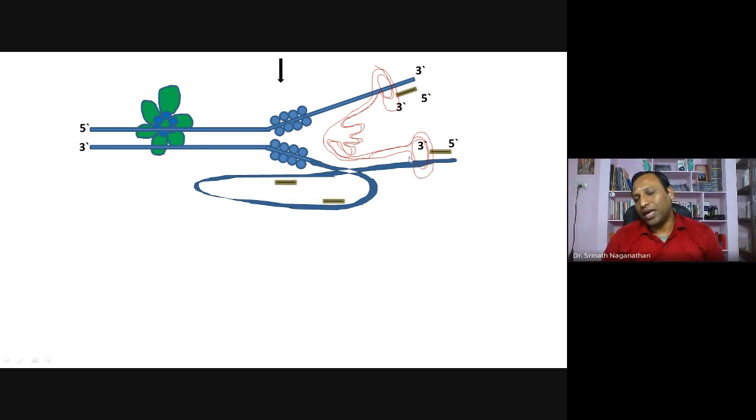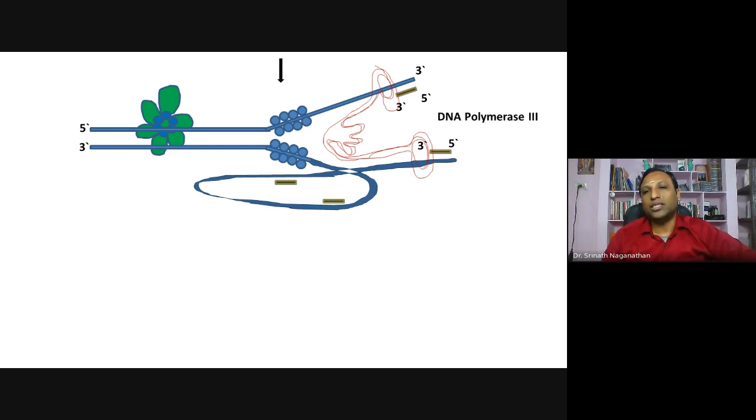Since the loop is present, it has to adjust itself. Once it moves, it again stops, again pulls, again makes another one. That is why the lagging strand will have nicks or breaks in between, and that is called an Okazaki fragment.